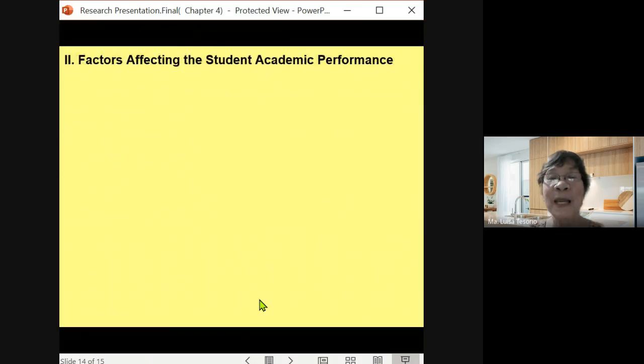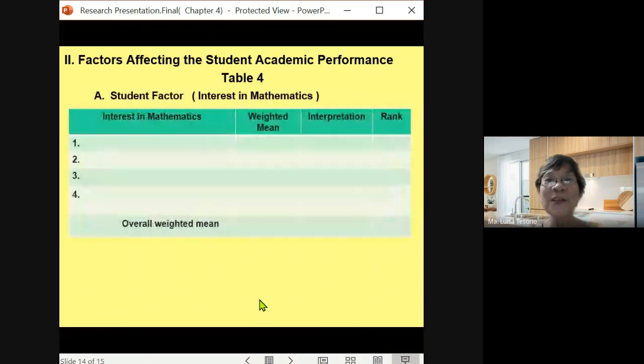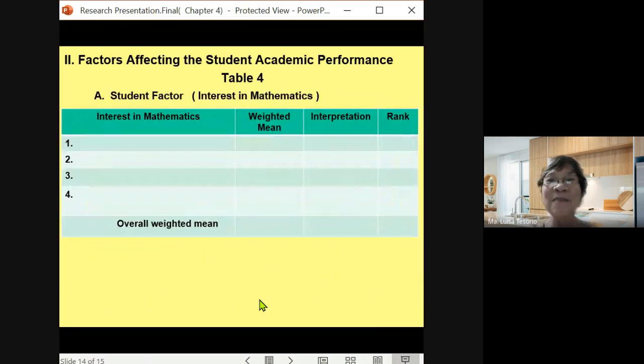Okay, the next one is, I am very sure, the table I am giving you. This is for you. Look back on the last table. Try to think of an activity where you can use the Likert scale and then have the different scores.